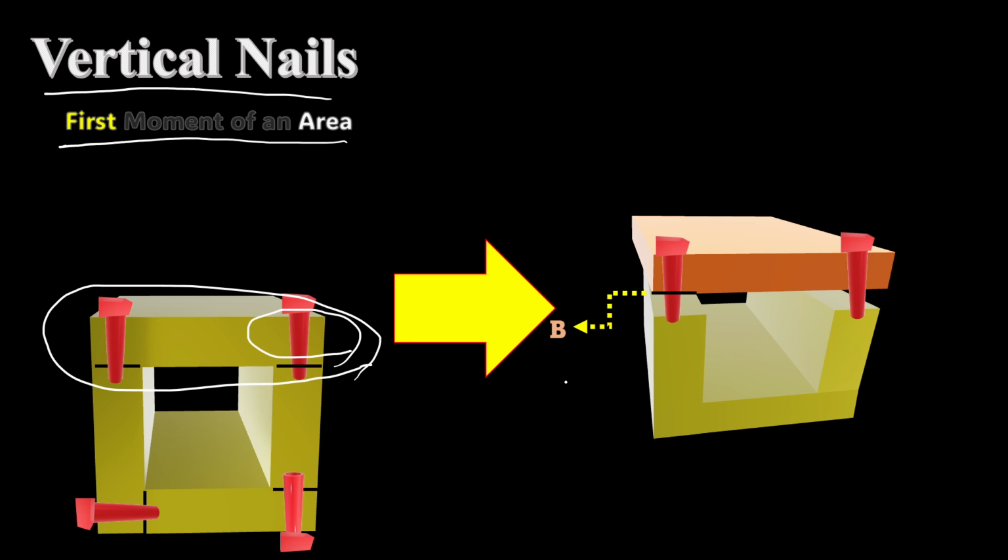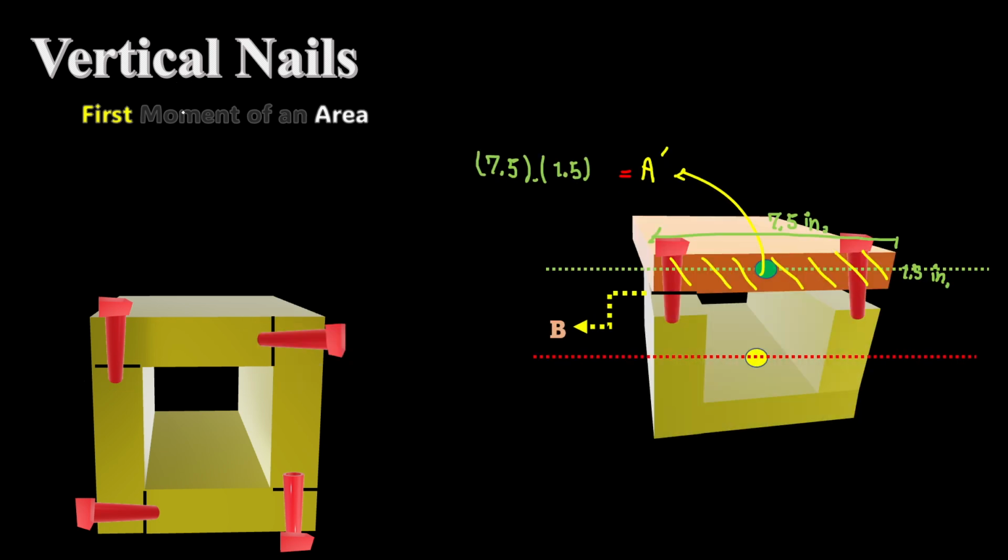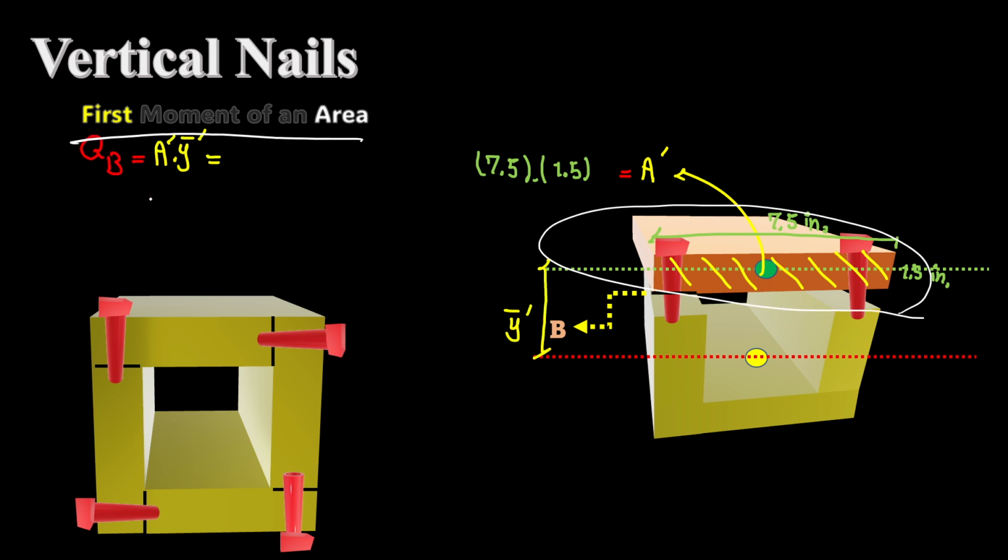So in this case, for vertical nail, we need to calculate first moment of an area of this area. So again, Q of B, which is for this area, is A prime times Y bar prime. A prime is the area of the top one. That's the vertical nailing and first moment area calculation.